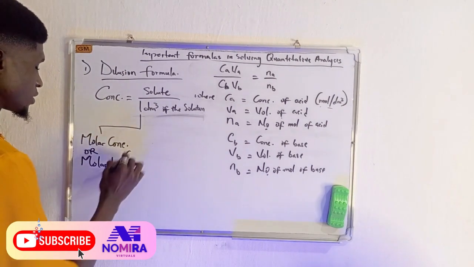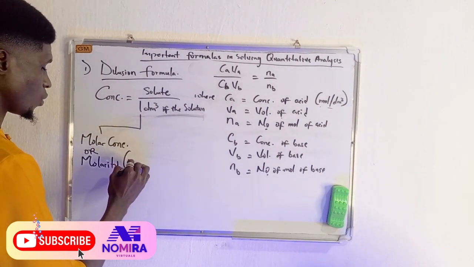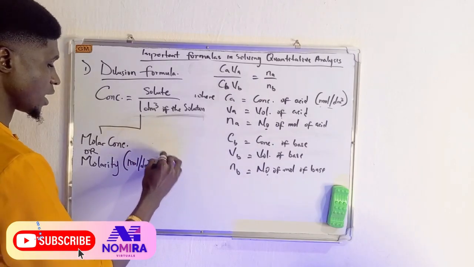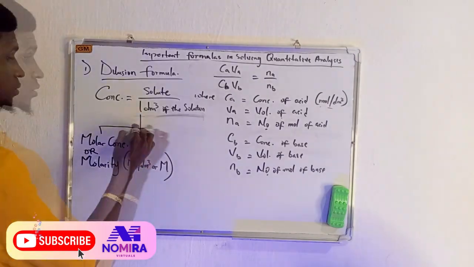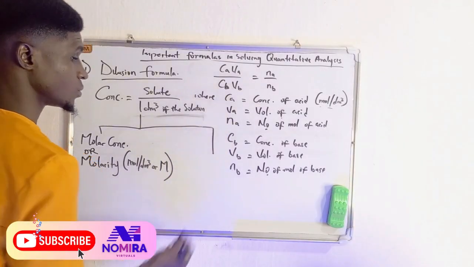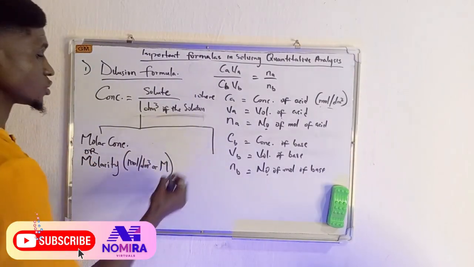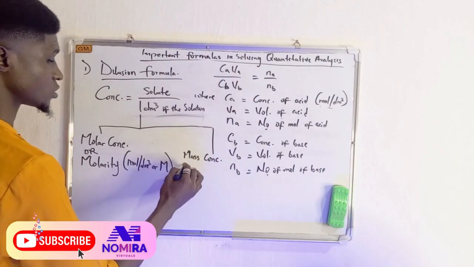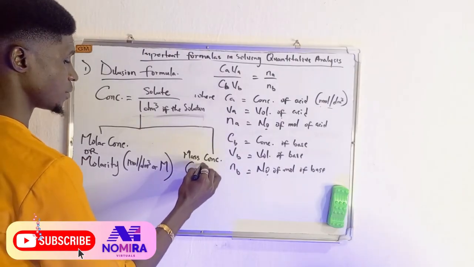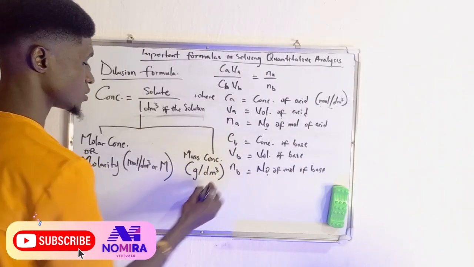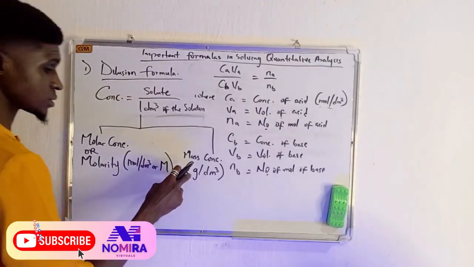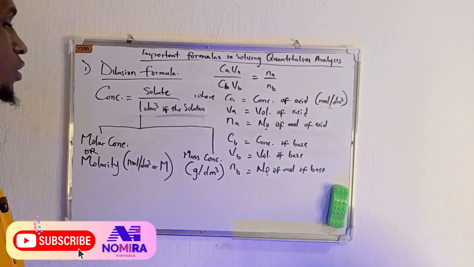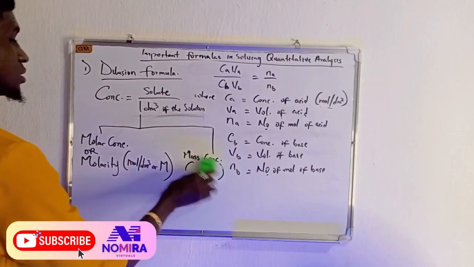Unit of molarity is mole per dm cube, or capital M. The other type of concentration is what we call mass concentration. Mass concentration unit is gram per dm cube. This is the mass of a substance in 1 dm cube of that substance or solution.